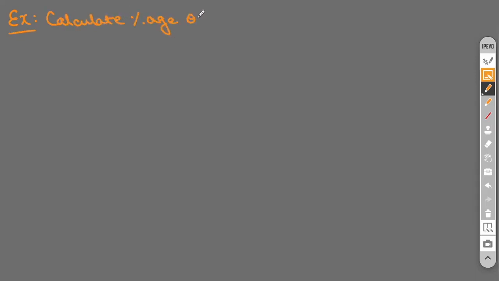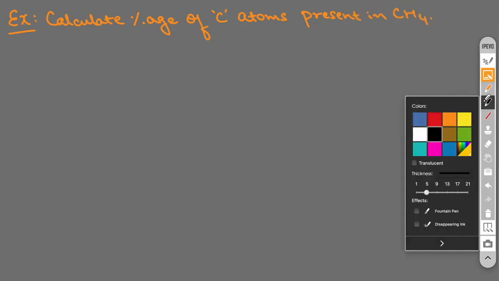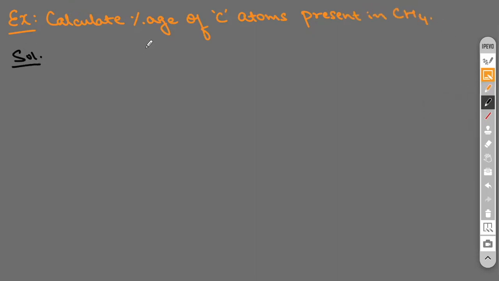Now moving further, we will write an example here. Calculate percentage of C atoms present in CH4. So we'll solve it here simply. We have CH4, the molecular mass of CH4, 12 plus 4 times 1, which is 16 gram per mole, right?